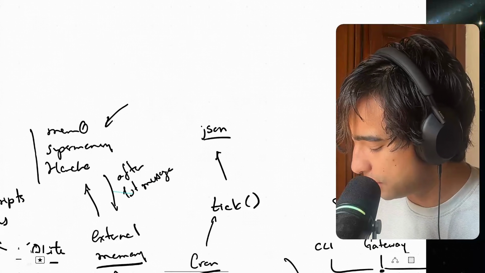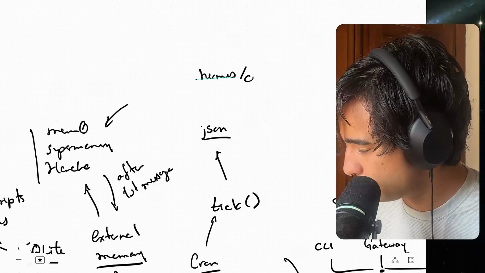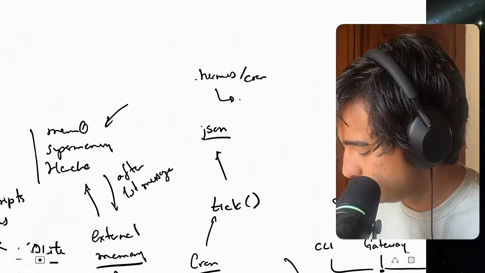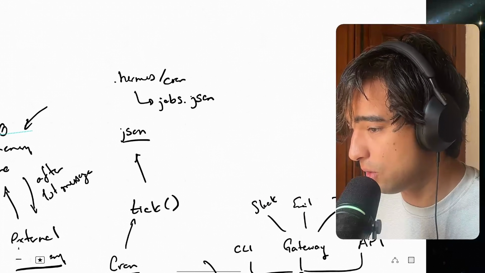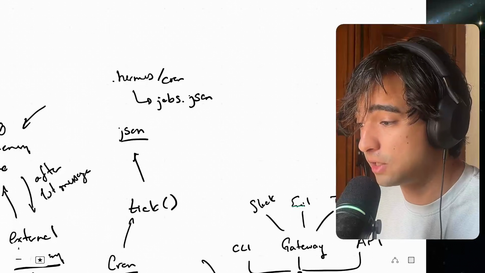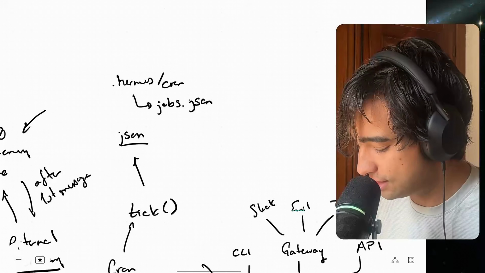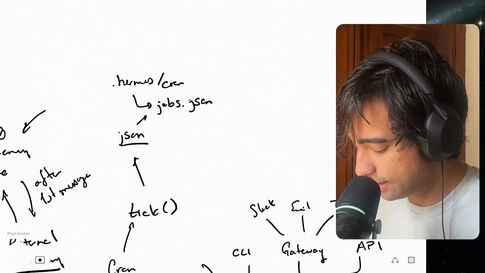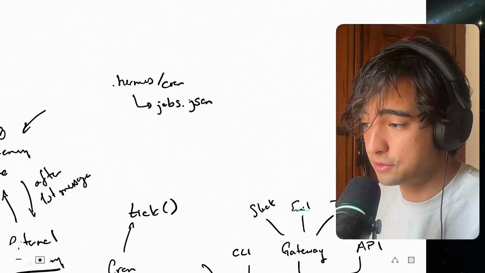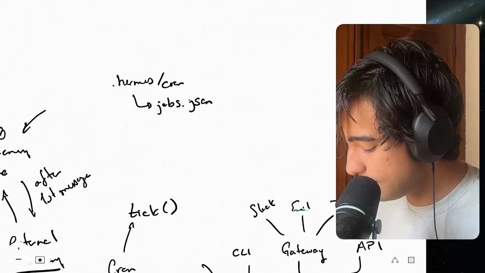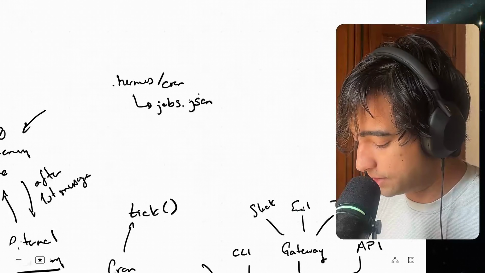Inside .hermes slash cron, there is a jobs.json, and this is where all the cron jobs are listed with their prompts and what they should do, etc., so that Hermes checks this JSON file every time it ticks, and it figures out if it has to run a job or not. And after you update a cron job, it is updated right here.